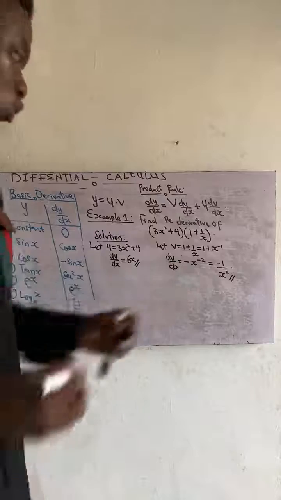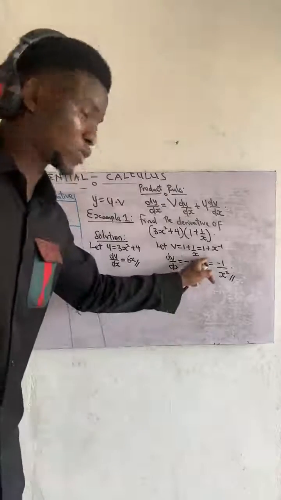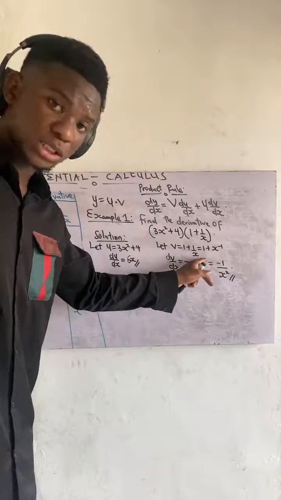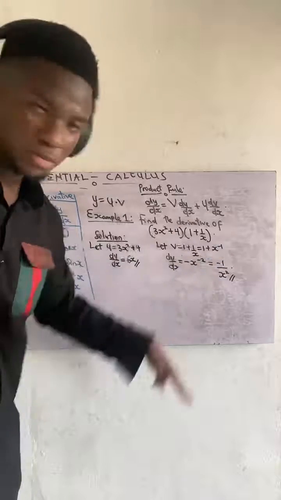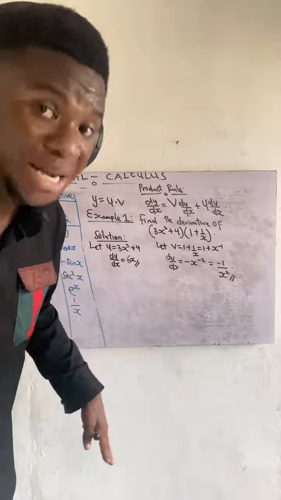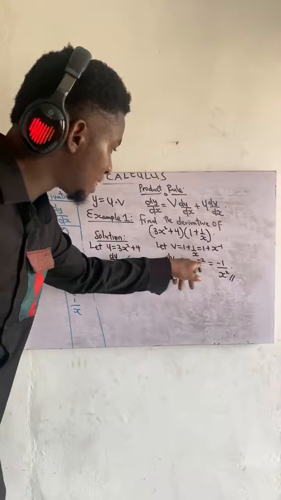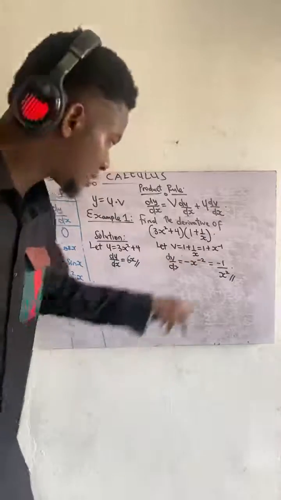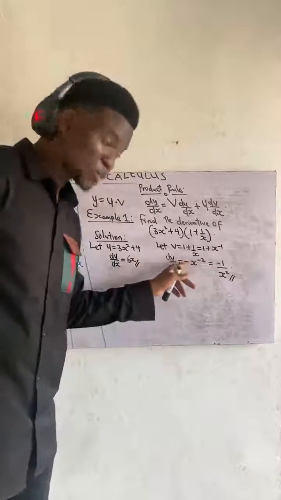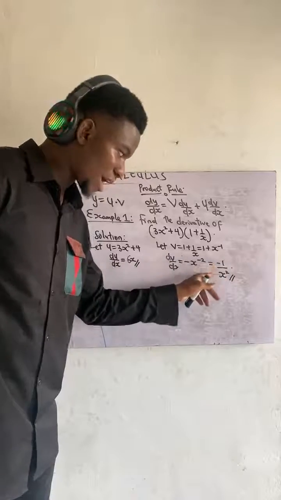Do you get that? Because this x squared minus 2 can come to be the denominator. This minus sign in the power will change to division, and this expression will change to minus 1 over x squared.